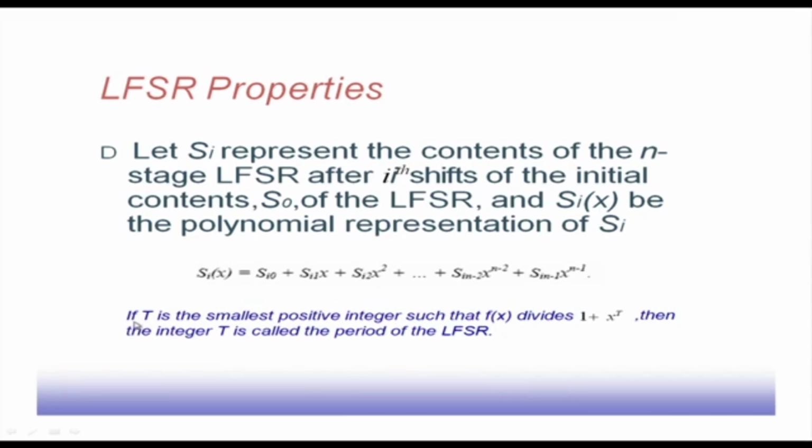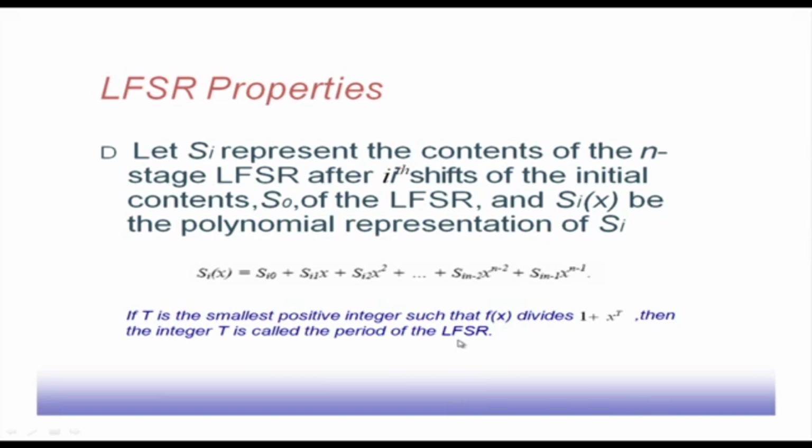These LFSRs show some periodic properties. If t is the smallest positive integer such that f x divides 1 plus x to the power t, then the integer t is called the period of the LFSR.